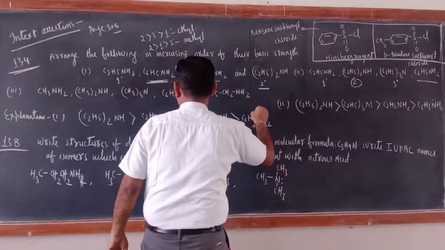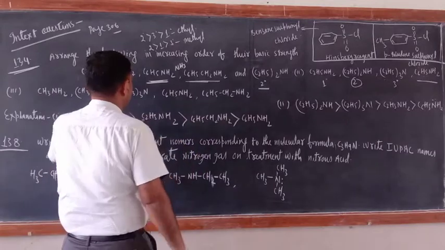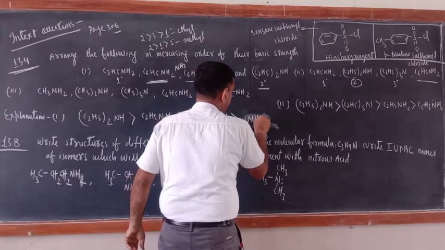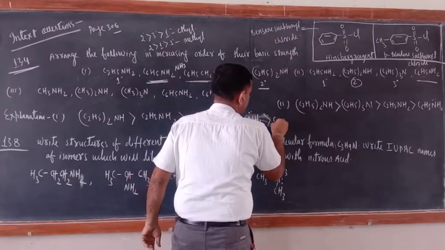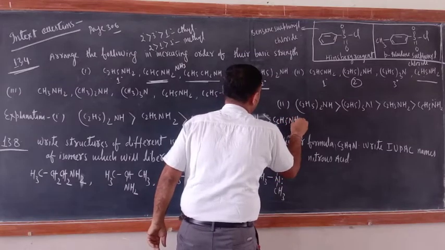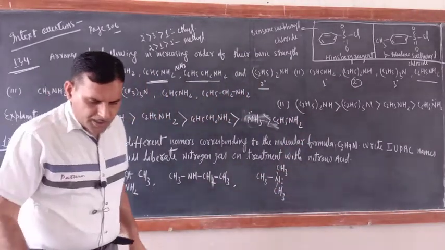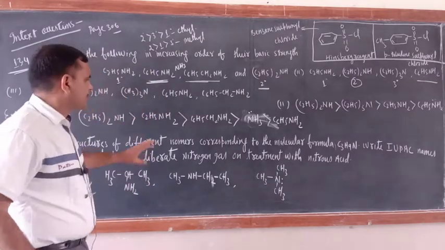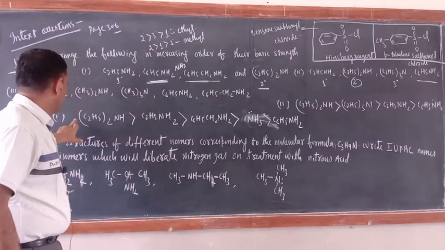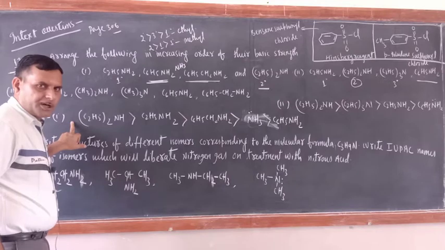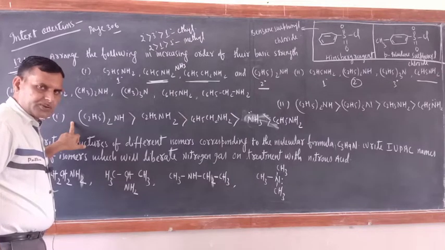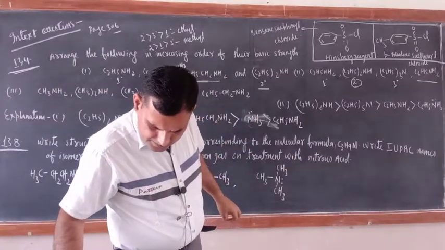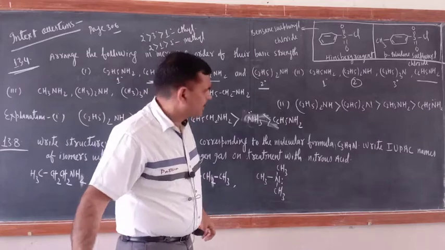Here you should write NH3, and after NH3, C6H5NH2, because ammonia is more basic than aromatic amines. Now try to understand, their answer is given wrong in Modern ABC. In the NCERT book, the in-text question answer is correct. For the second one there is no addition. I am seeing the NCERT exercise, there is no problem.